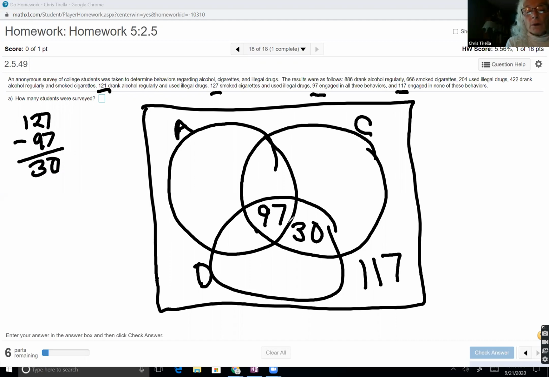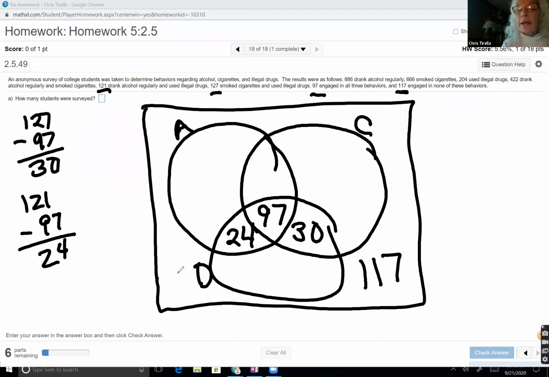Alcohol and drugs, the overlap is here. So 121, that 97 is in the overlap, minus the 97 gives me 24. Then we have the 204 used, no, I'm sorry.